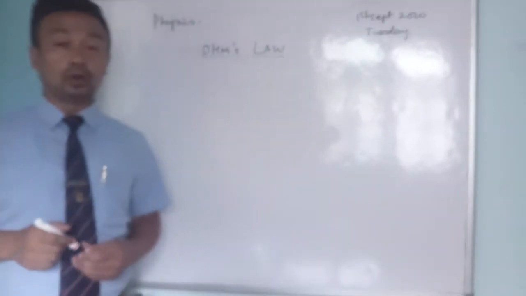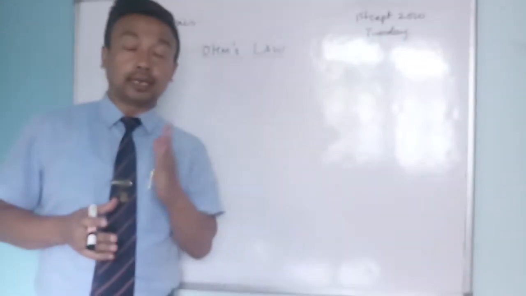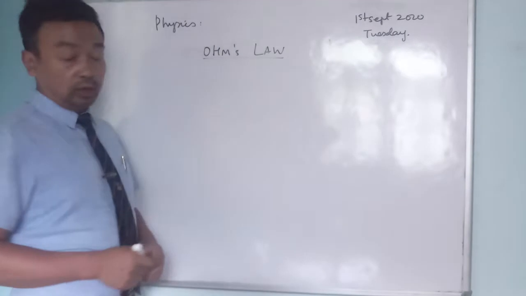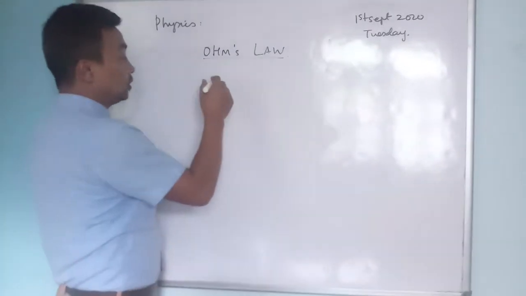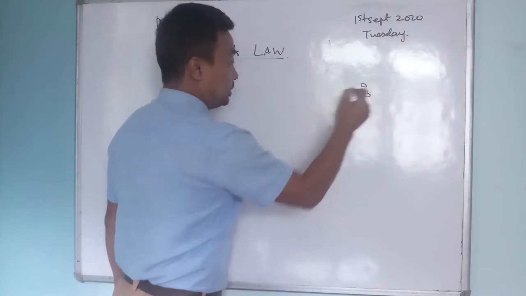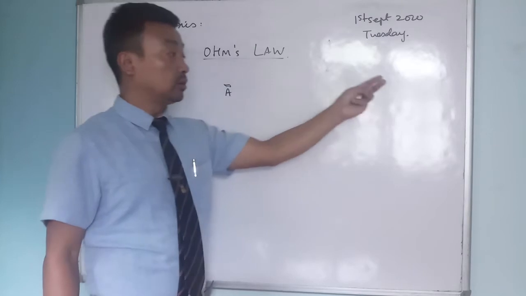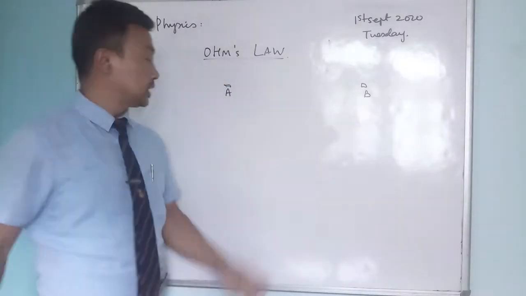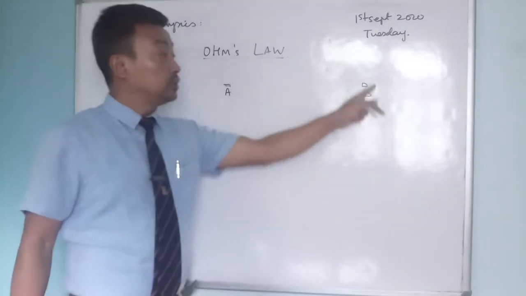In Ohm's law, we study the relationship between the potential difference and the current. Now, if you want a continuous flow of current, suppose you have a conductor A and a conductor B, and you want a continuous flow of current from A to B or from B to A. The most important condition is that there should be a difference of potential.